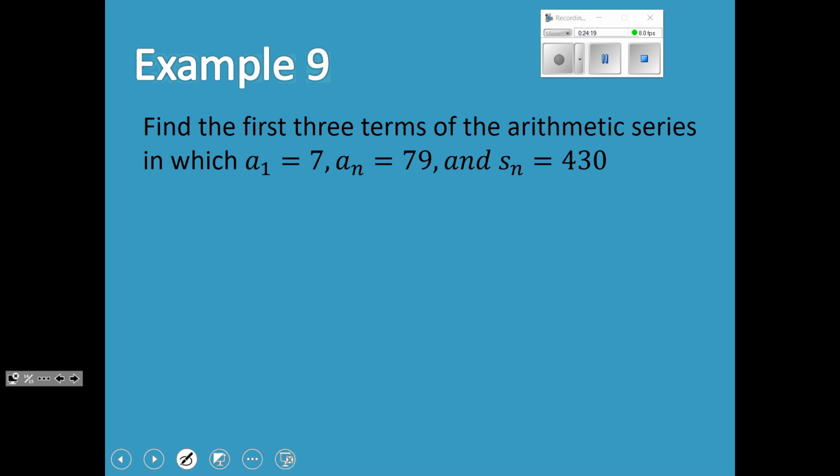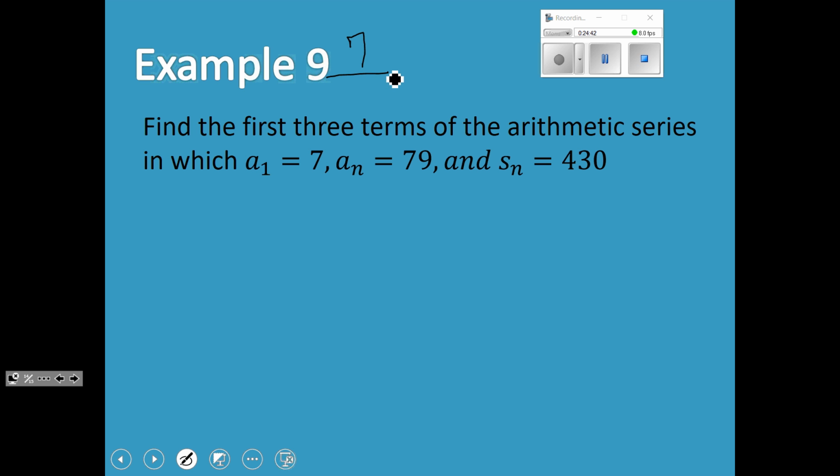Okay, so we have two more things to do. We have example 9, example 10. So what I want to do is write the first 3 terms when a sub 1 is 7, a sub n, we're going to go all the way to 79, and s sub n is 430. So basically, let's draw some blanks.